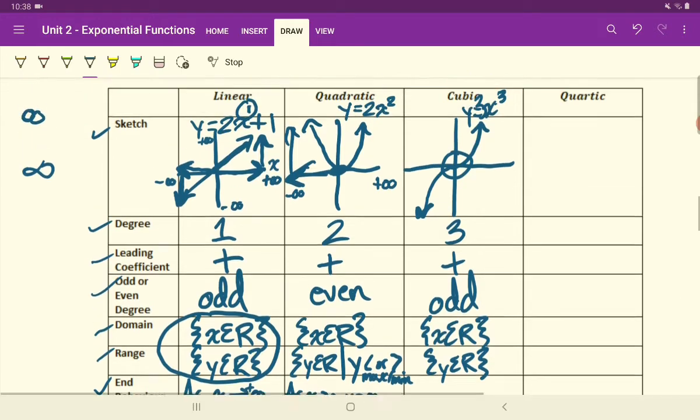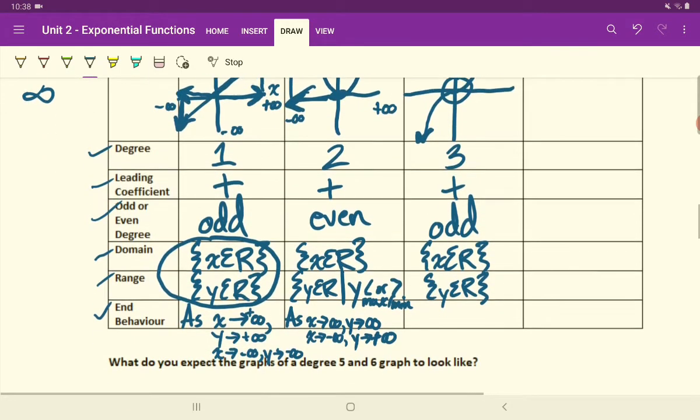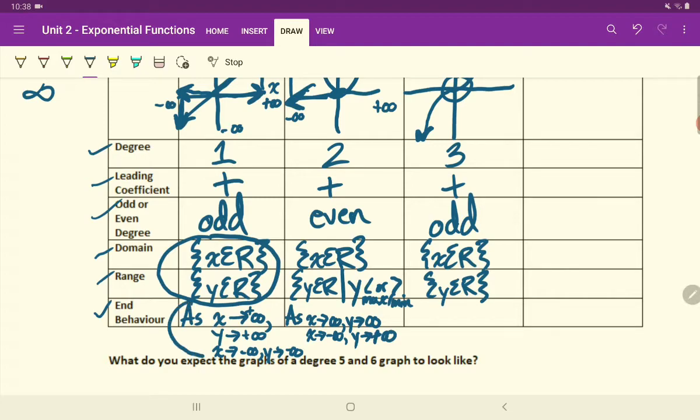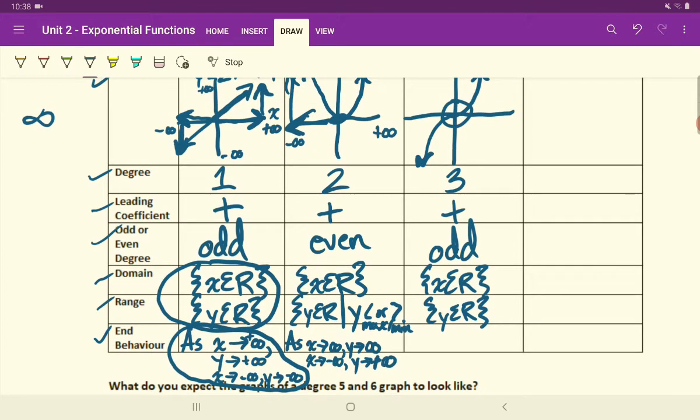End behaviors are also identical to its linear counterpart, another odd degree polynomial function. As x approaches positive infinity, y also approaches positive infinity. And as x approaches negative infinity, y approaches negative infinity.